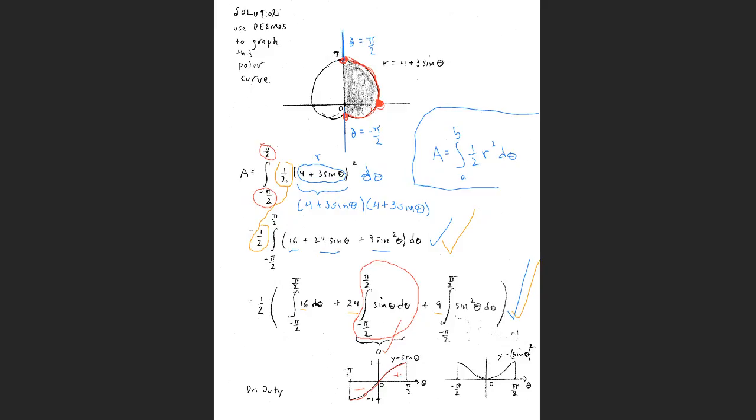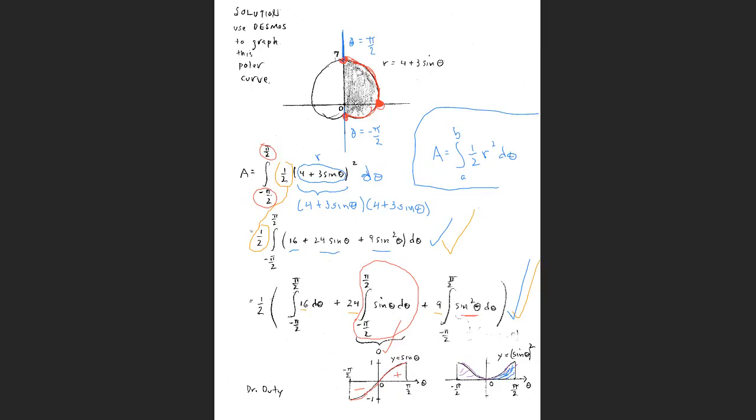All right, well, now what's next is this sine squared of theta. Sine squared of theta, if I were to graph that on Desmos between negative pi over 2 and pi over 2, it would look like this function here. What seems to be true about the area on the left and the area on the right?